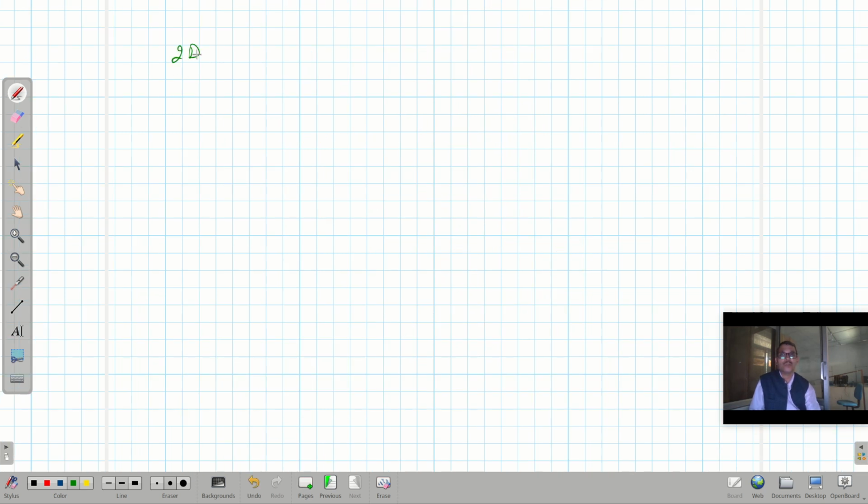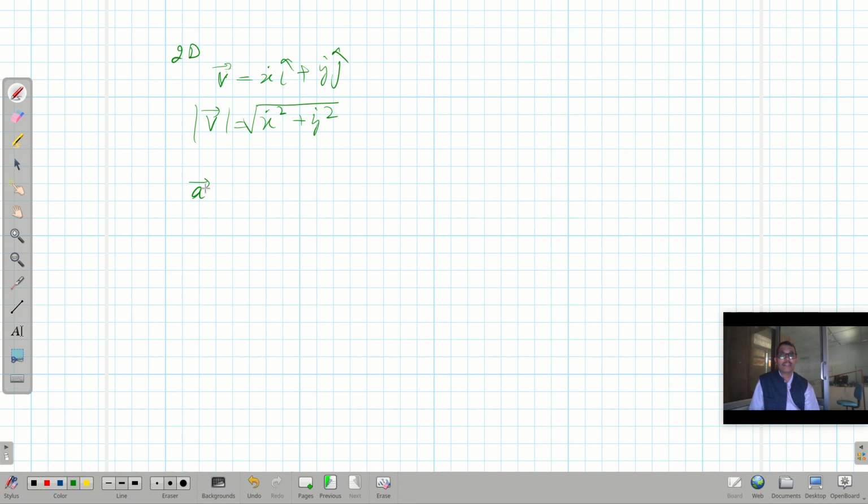For 2D, velocity can be written as x dot i cap plus y dot j cap, and the magnitude of velocity can be written as the square root of x dot squared plus y dot squared.